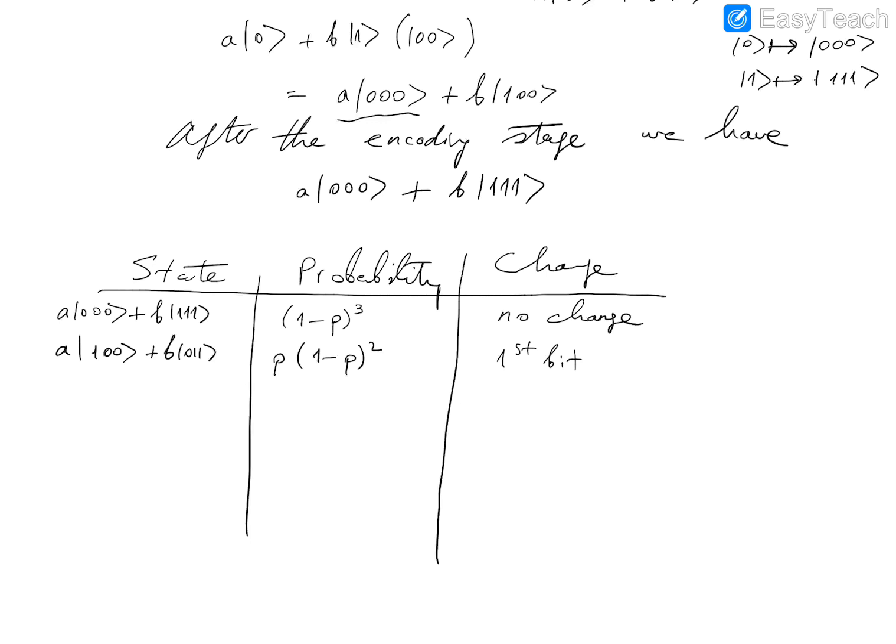It could be that maybe 2 qubits are corrupted. So if Bob receives something like a|010> + b|101>, in this case only the second qubit is changed.